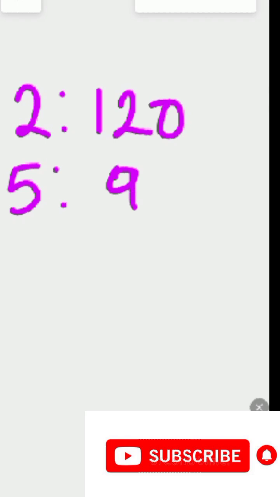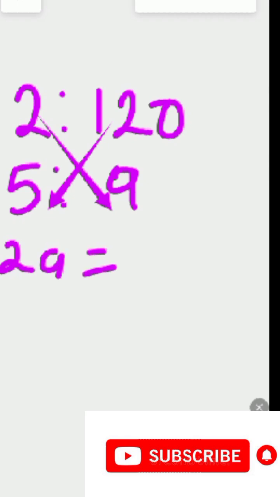So here we're going to do cross multiplication. We do this to this, this to this. So when we do that, 2 times A becomes 2A is equal to 5 times 120. 5 times 120 will give you what? 600.